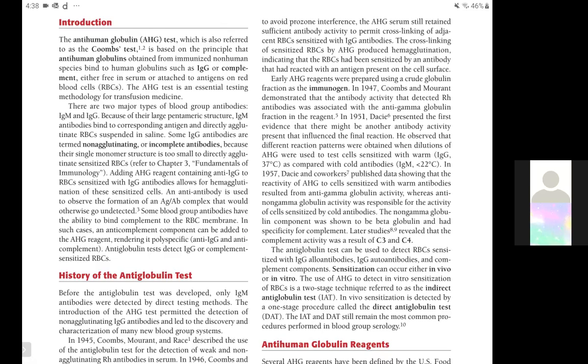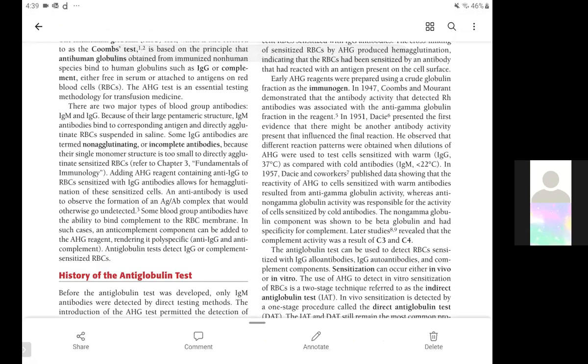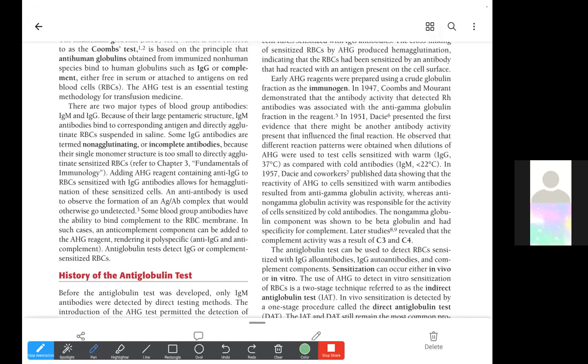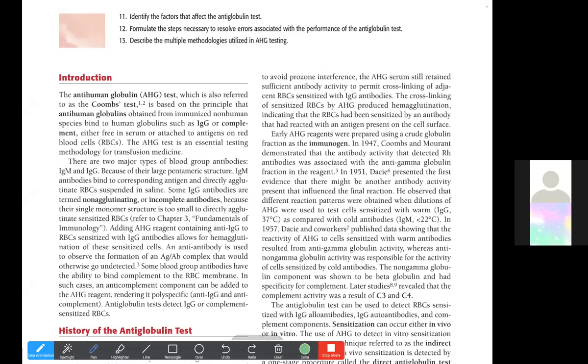Now, the antiglobulin test is also the Coombs test, of course, which is based on the principle of the anti-human globulin obtained from immunized non-human species, which bind to the human globulins, such as immunoglobulin or complement, either free in serum or attached to an antigen.